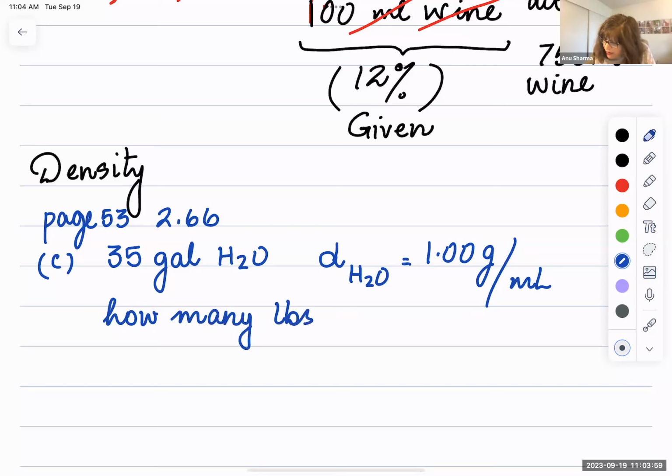In other words, 35 gallons will make how many pounds of water?